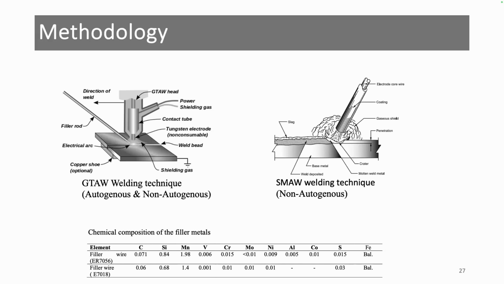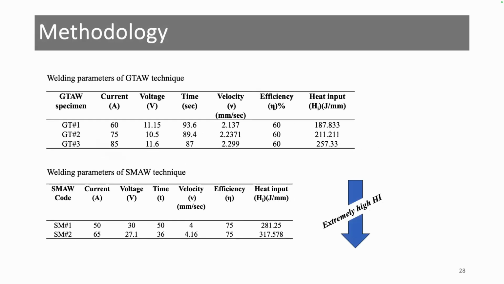And in shielded metal arc welding, we are using a coated electrode for the welding process. Therefore, here we use the shielding gas of argon in order to prevent oxidation of the weld zone.